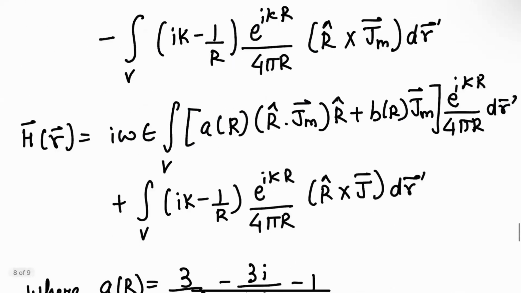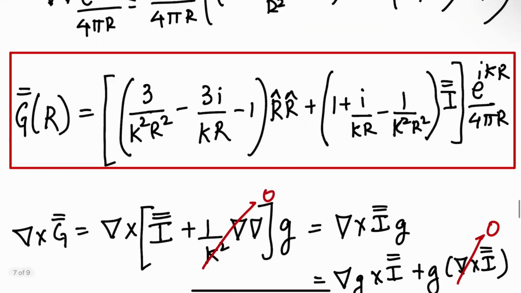If you go back to this expression that we had here, in the far field, we basically ignored these terms, which go as 1 over r squared and 1 over r cubed. That's right, because you have a 1 over r out here. Similarly, these also we ignore. So you're essentially left with the identity term.